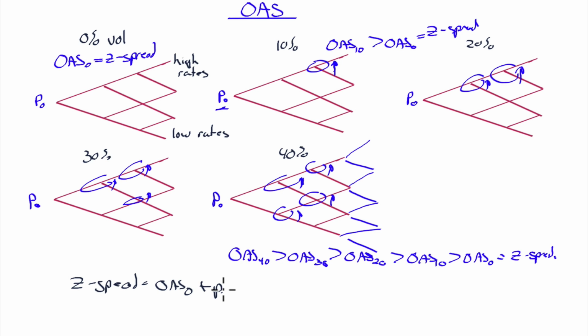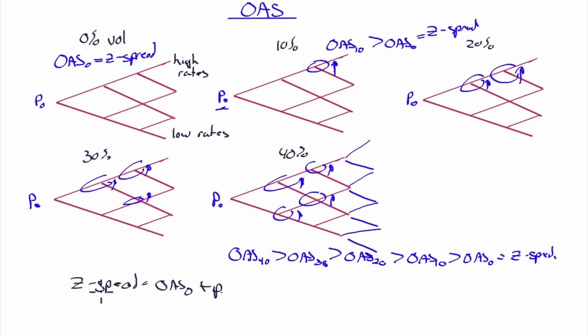Z-spread equals OAS minus option value is for a call. It didn't give an example of a put, which is a shortcoming of that section. It should have at least contrasted it with the put, and that probably would have cleared up a lot of confusion. But now it's the OAS at 0 plus the put.